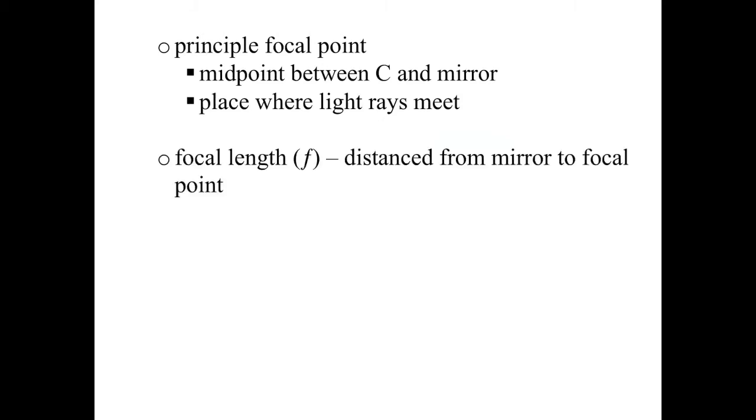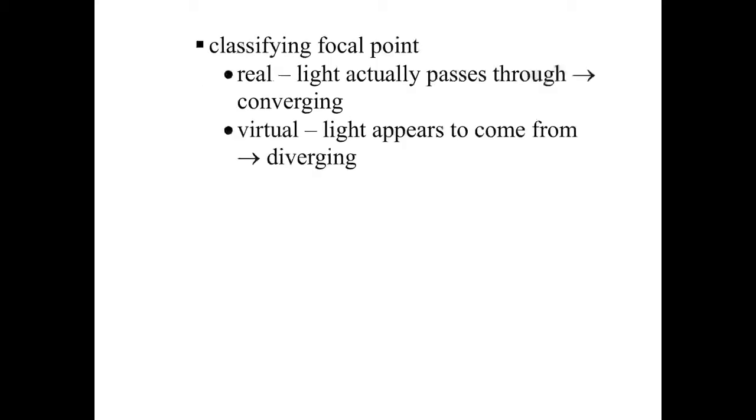We call the focal length the distance from the mirror to the focal point. So we have C, and we now have F, the distance from the focal point to the center of the mirror. And the center of curvature is equal to 2 times the focal length, since the focal point is right smack dab in the middle.